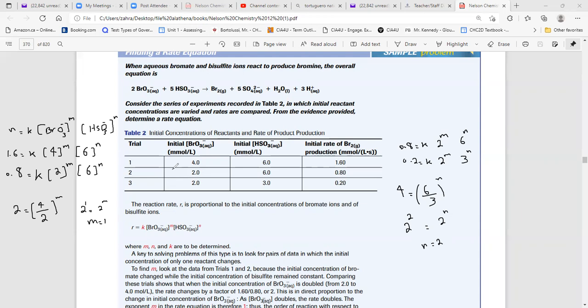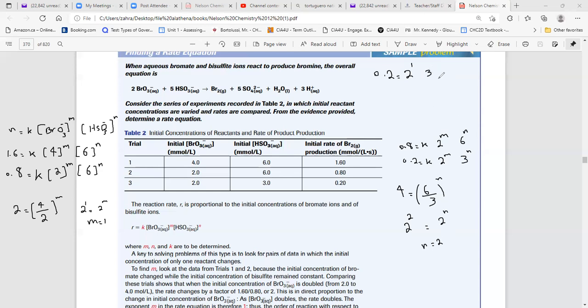Now I'm going to find k. I can use one of this information to solve for k, maybe the last one. So 0.2 is your rate, equal to k times 2 to the power of m. We got m to be 1. And then 3 to the power of n.